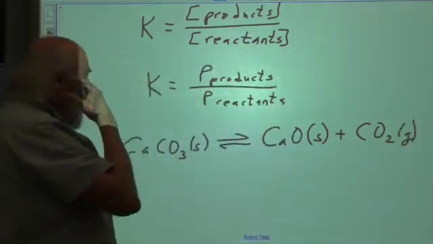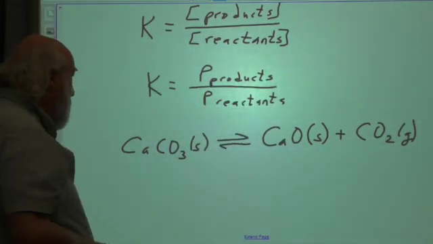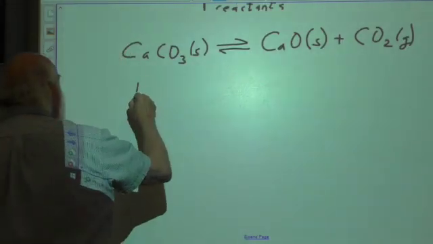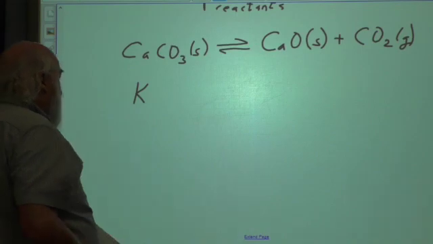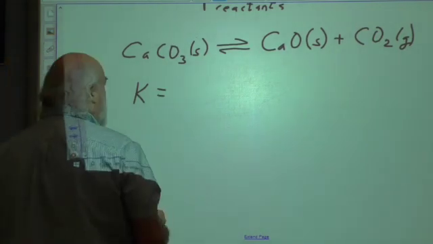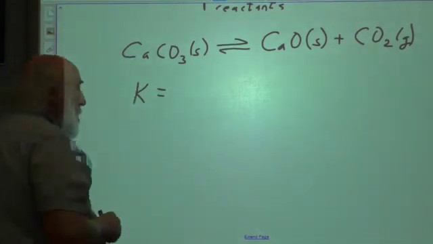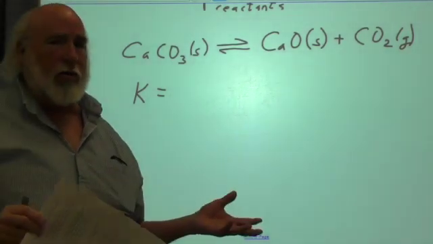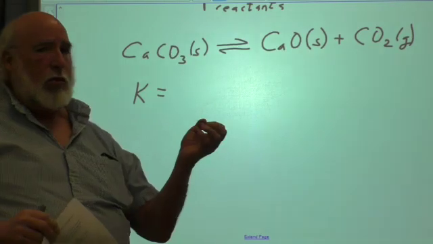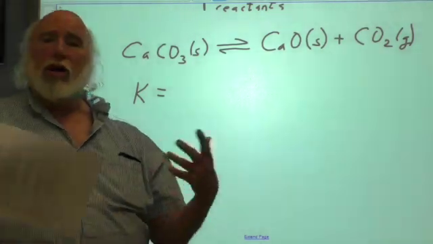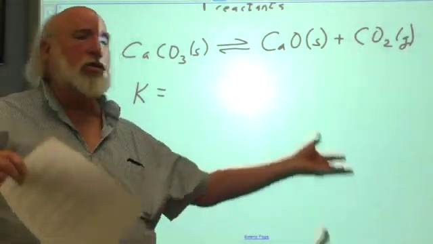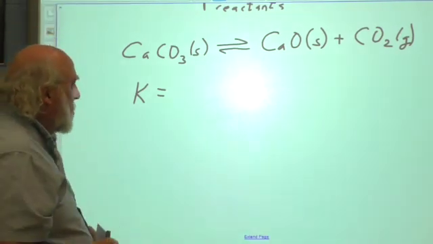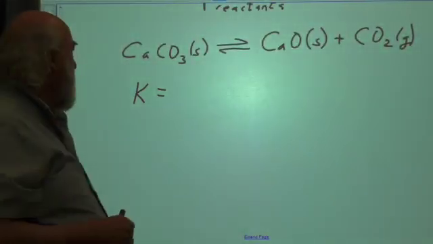So if I wanted to write a K expression for this, an equilibrium expression, I would have K is equal to, now, we look at this and we must recognize that in equilibrium expressions, we talked about this before, that you can only deal with gases and aqueous solutions. So concentrations for the aqueous solutions and pressures for the gas portion of the program.